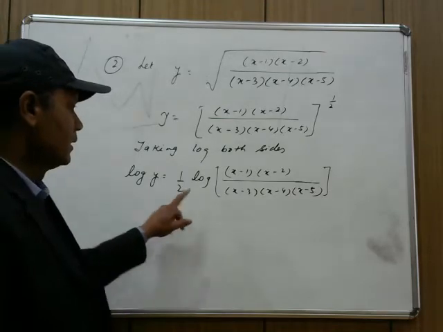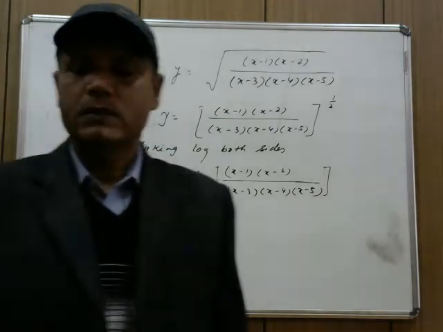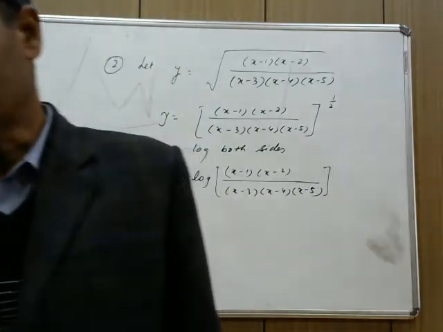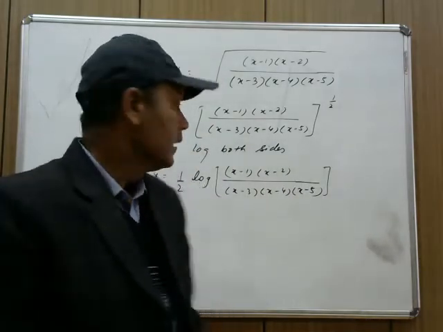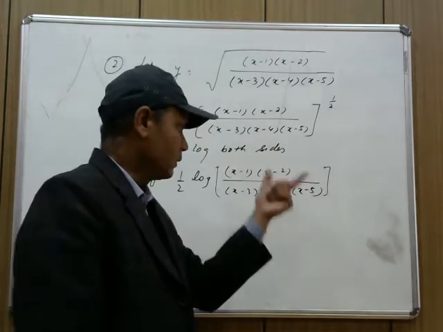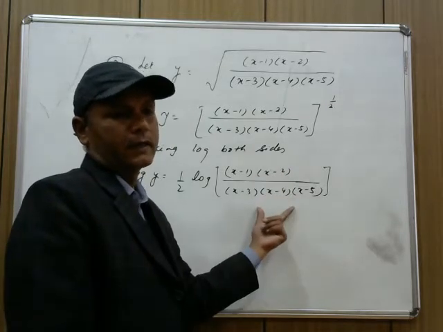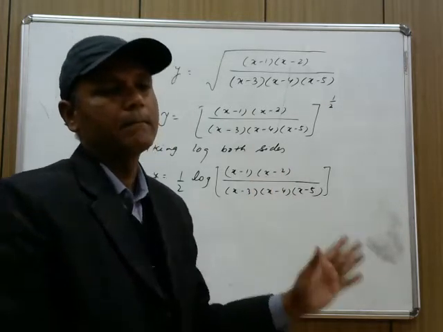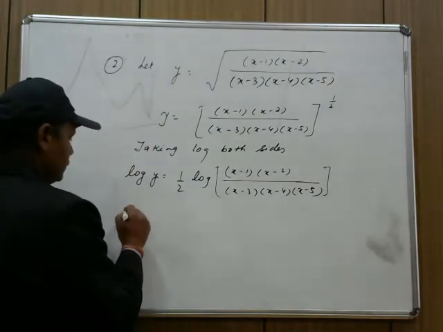Log of y is equal to half log of (x minus 1)(x minus 2) upon (x minus 3)(x minus 4)(x minus 5). And now here, half log. Now again apply the formula: log m upon n is equal to log m minus log n. So now see what we will have.